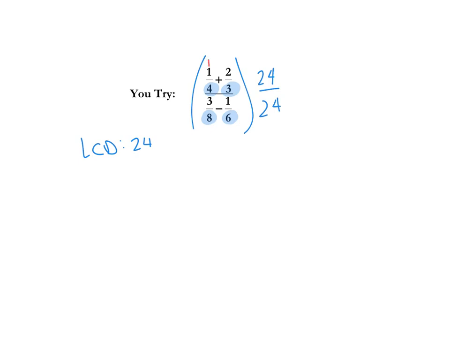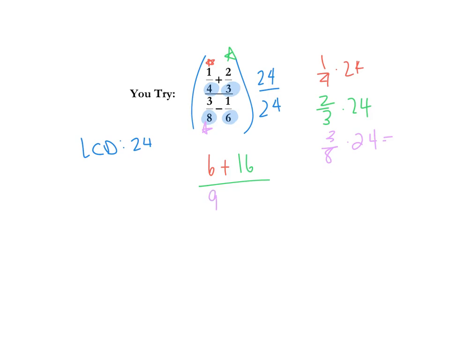So this first fraction is 1/4 times 24, which is just going to give me 6, plus we have 2/3 times 24, which is 48 over 3, and that gives me 16, divided by 3/8 times 24, which gives me 72 over 8, which is 9, minus 1/6 times 24, which is 4.